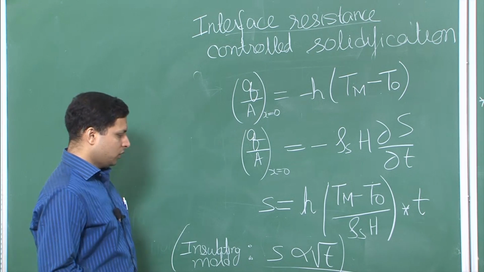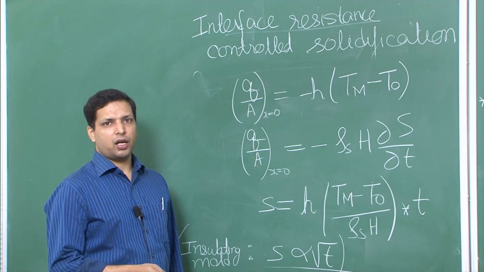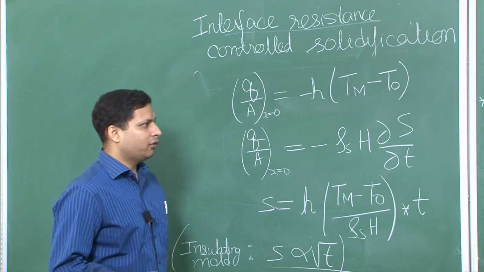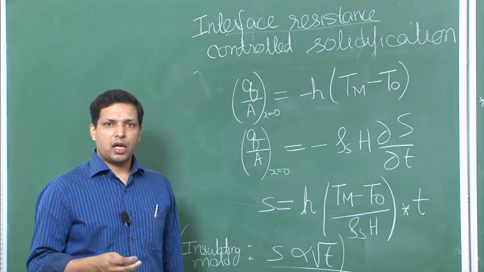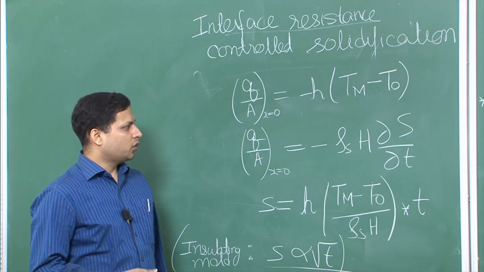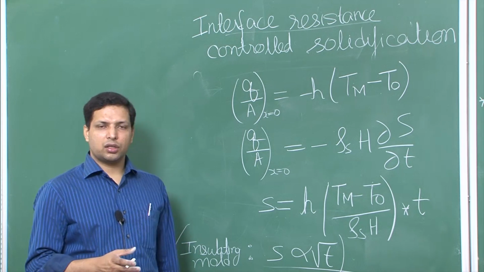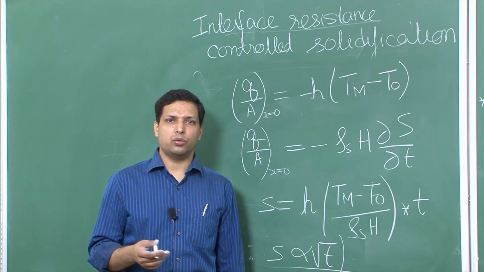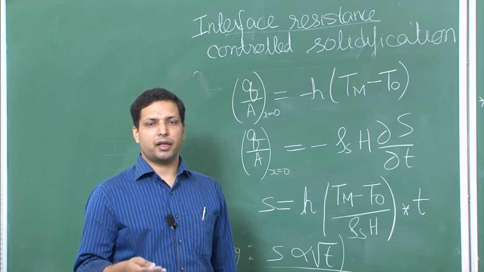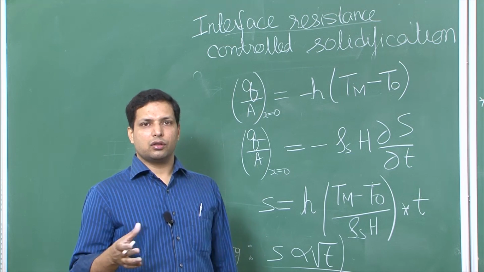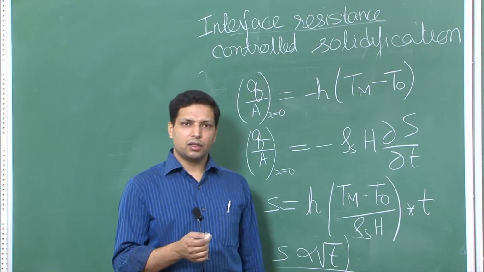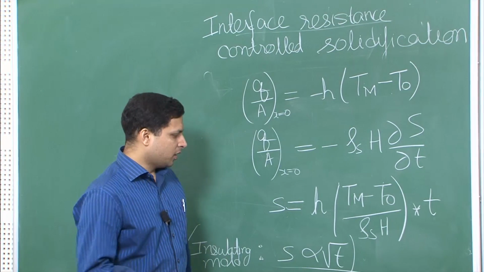Not only that, if you now look at the TF that we earlier obtained, which was the total time for solidification, again we will make similar assumptions. Now that we have described everything about one dimensional condition, why not try to find out what will happen when we are talking about 2D and 3D. So to begin with, we will talk about simple geometries like rectangular billets or rods, where the heat is not diverging.